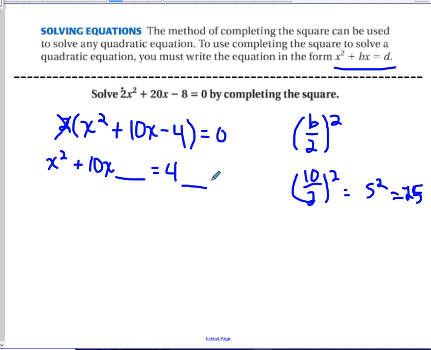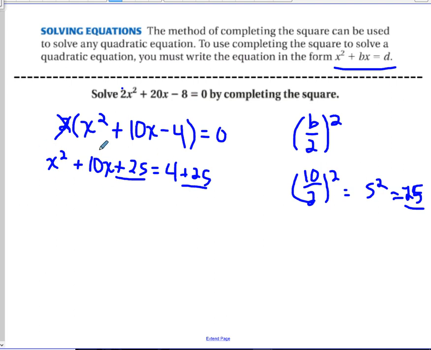So now I'm going to take this term right here, and I'm going to plug it into my C area. Now, whatever I do on this side of the equal sign, just like we did way back when we solved equations, I have to do to this side of the equation. So I'm going to add 25, and I'm going to add 25. Okay?